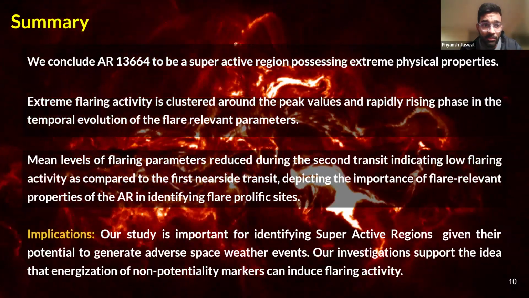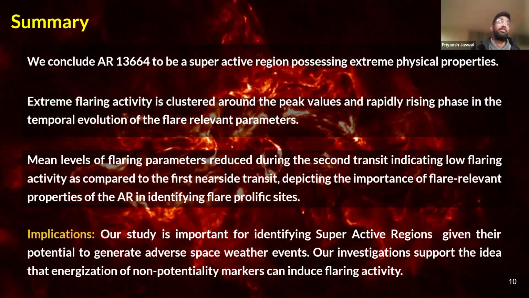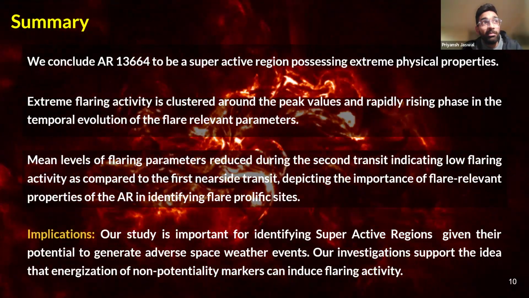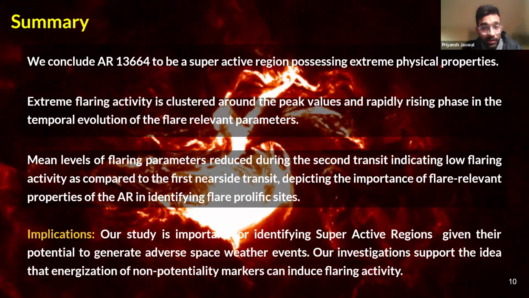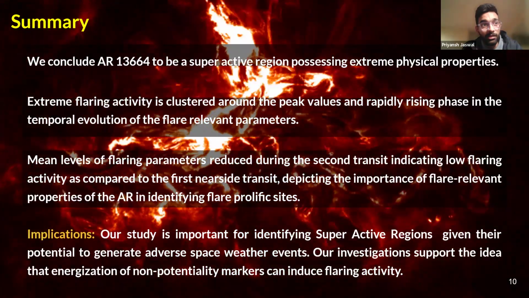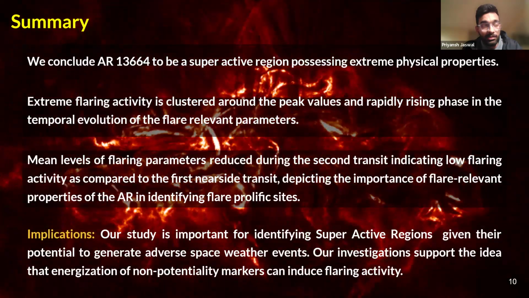Vector magnetogram observations. Yeah. If you look at the evolution of these parameters, which are the non-potentiality markers, when I say that, I need the curl of B to calculate the twist, the current densities or current helicities.